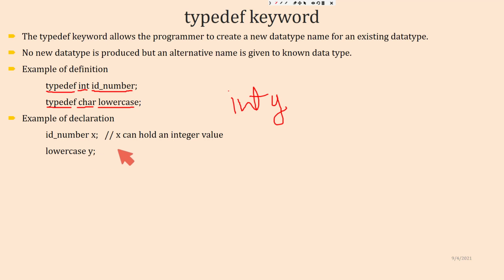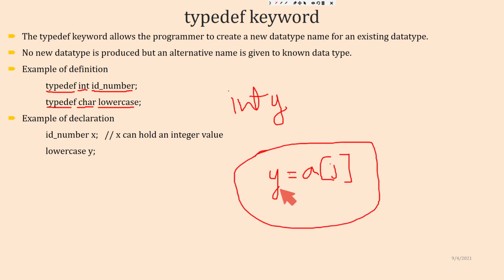So the purpose of typedef is to give some meaning. In some large programs, by looking at the name itself, you know what kind of value is stored. If I write int y and y equal to a of j, from this I cannot understand what the data type of y is.